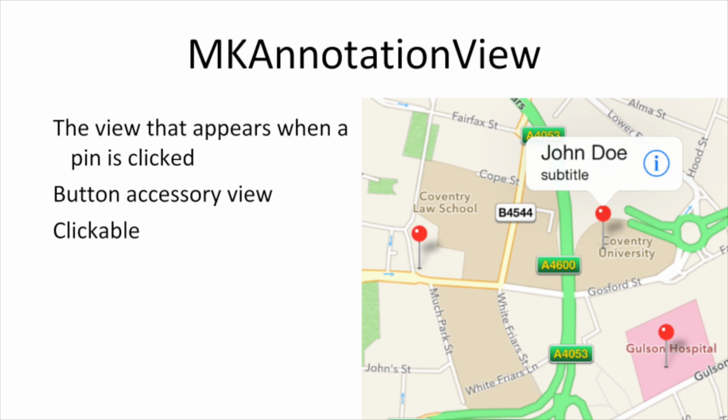And as you can see, when you tap on the pin, you get this pop-up window, which is the MKAnnotationView, and it contains the title and the subtitle that we specify. And obviously the location of the pin is determined by the CLLocationCoordinate2D. And we can also have it so it pops up an accessory indicator, which allows us to tap on the pop-up, and then we can create and launch a segue.